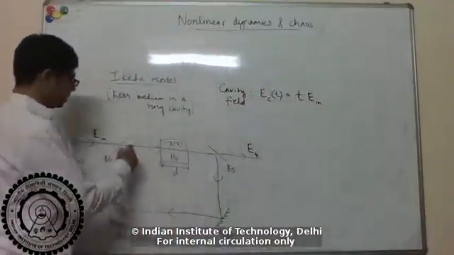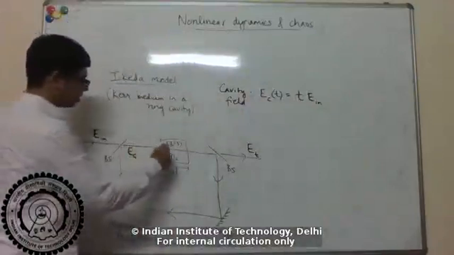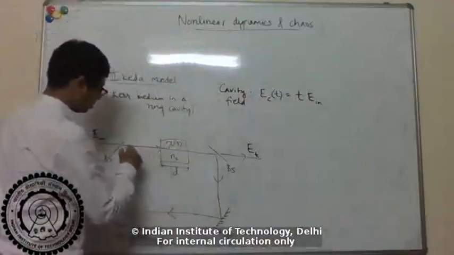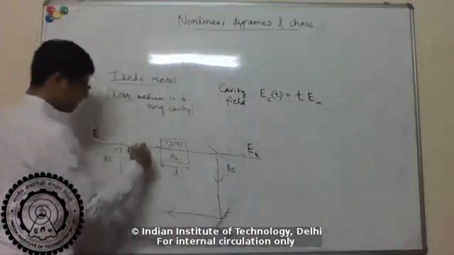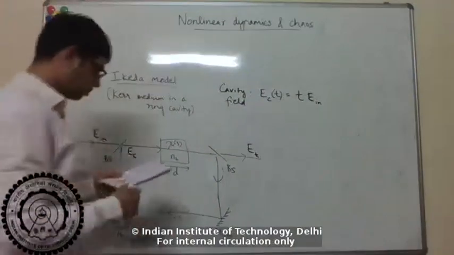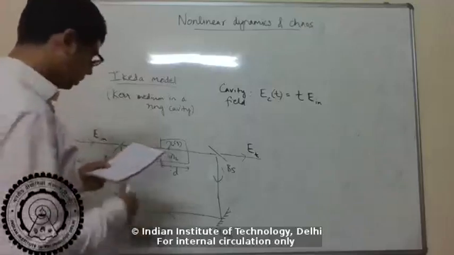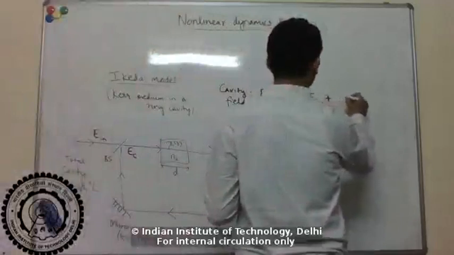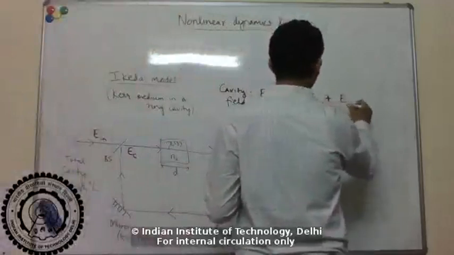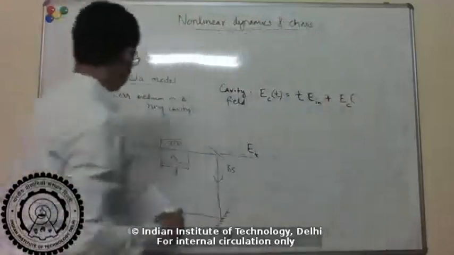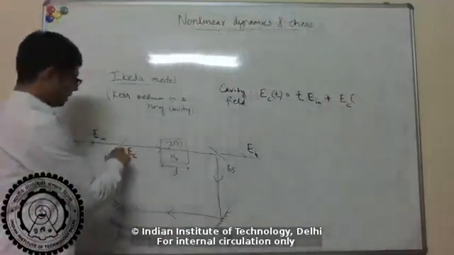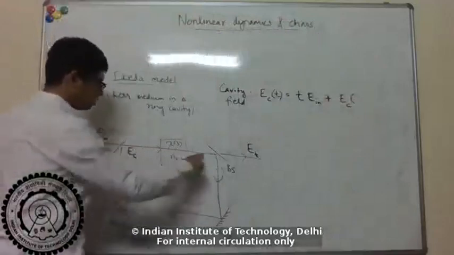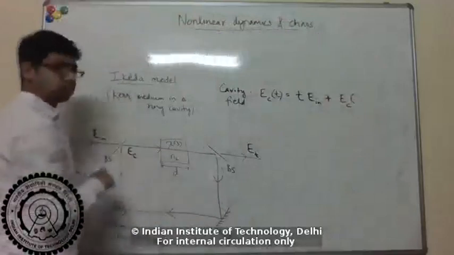And then the part which travels through the cavity like this, that will be the field which was in the cavity. Let's say it takes the photon TR to make this round trip.